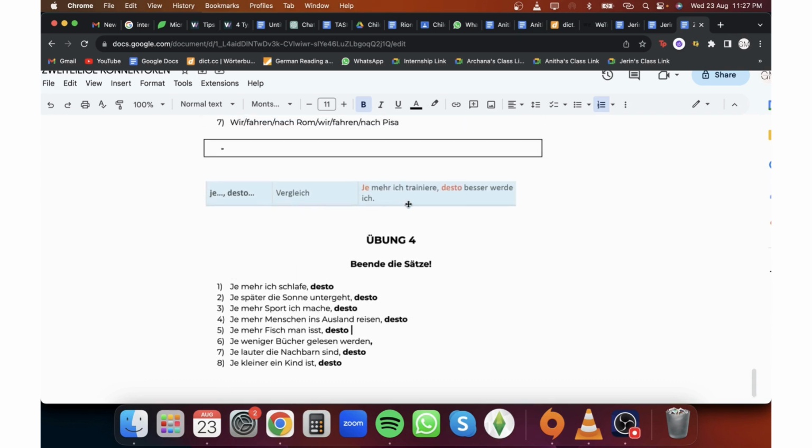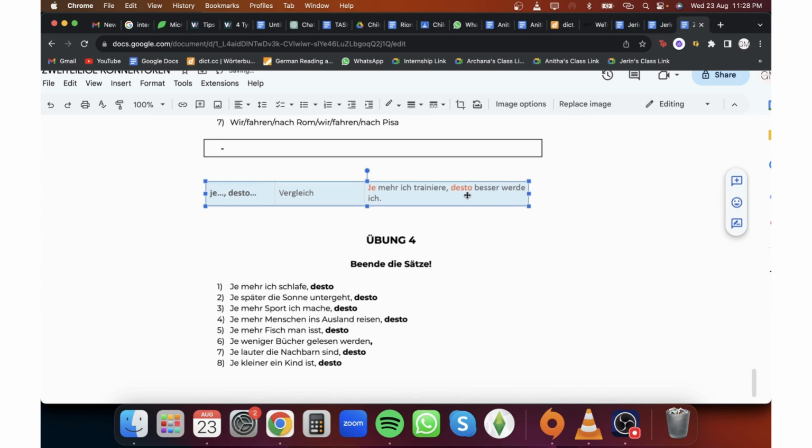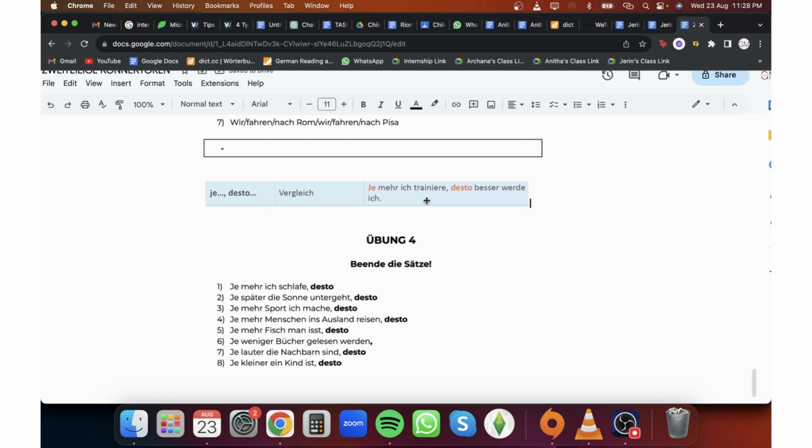But here, please remember, whenever we write with je desto, we have to be careful and take care of the verb position. And what is the verb position here? It's going to be je mehr ich trainiere. So after mehr, you will have the subject, then the verb. And then with desto, you will write the comparative form once again. Then you will write the verb and then the subject. So in the Hauptsatz 1, the normal thing is happening.